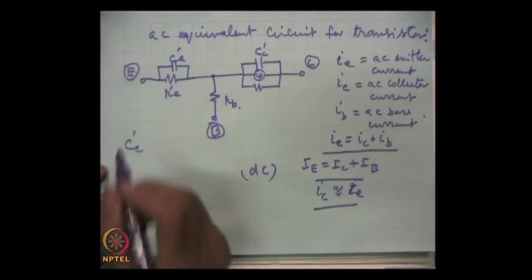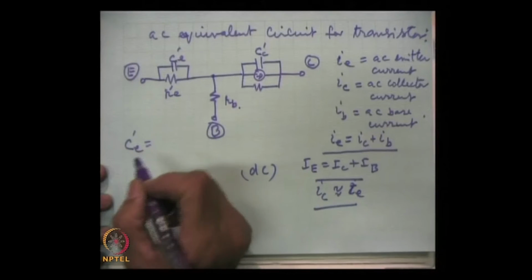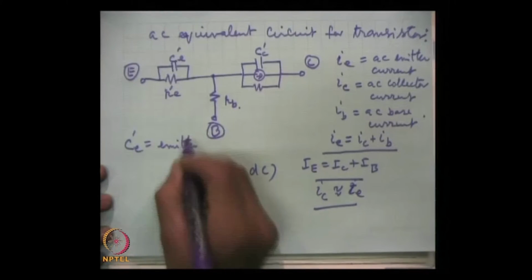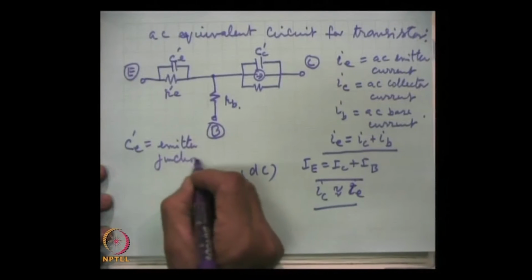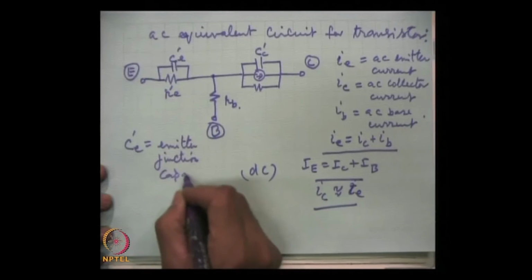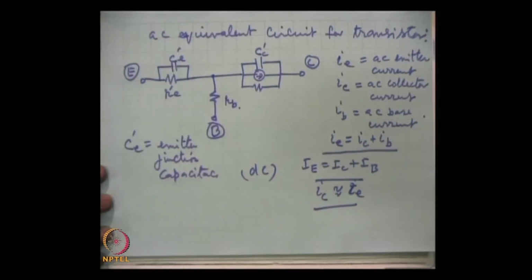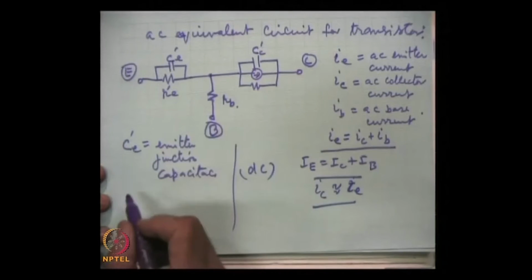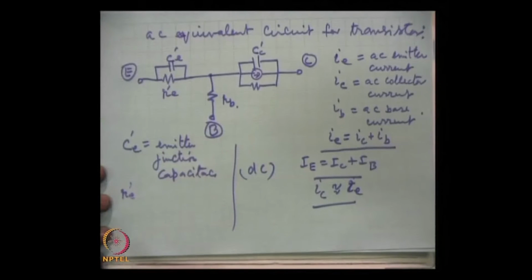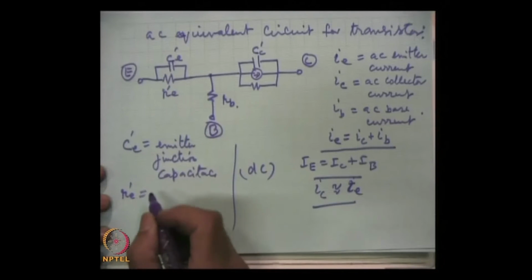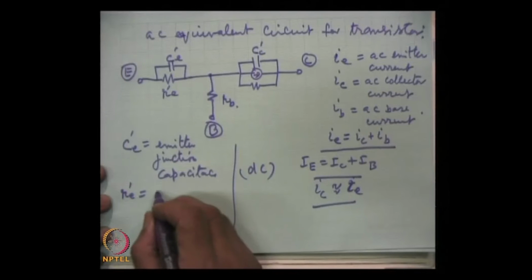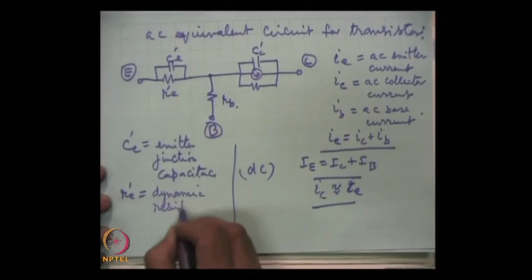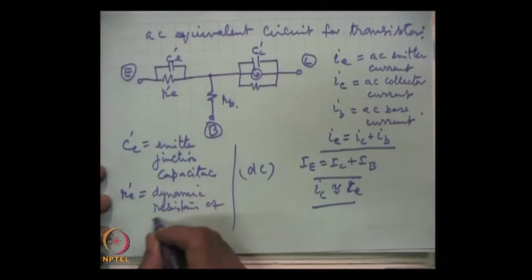C E prime is the emitter junction capacitance, and R E prime is the dynamic resistance of emitter.